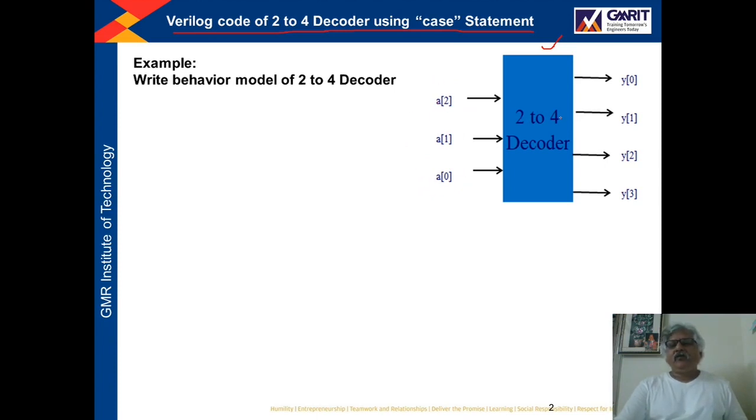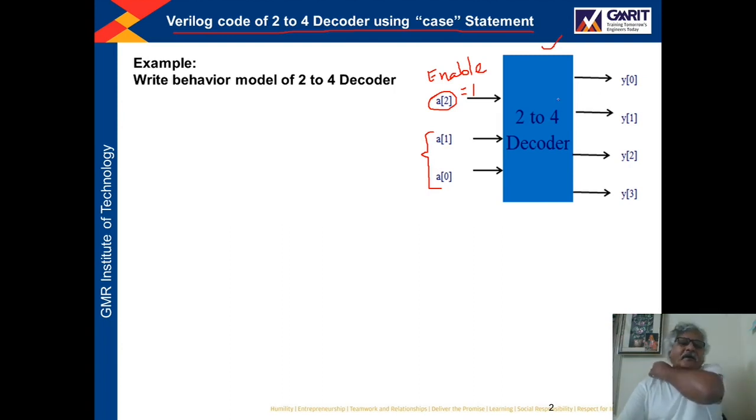Since it is a 2 to 4 decoder, the basic inputs to this decoder are A1 and A0, and A2 will act as an enable. If A2 is 1, then only this decoder will perform its basic operation, meaning depending upon the values of A1 and A0, any one of the outputs will be high.